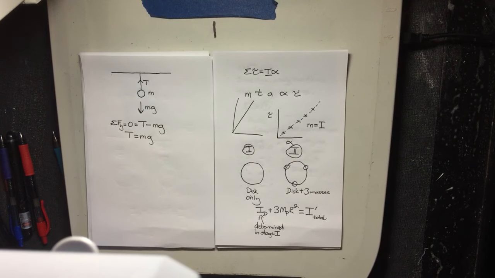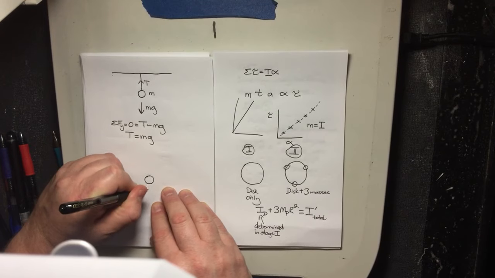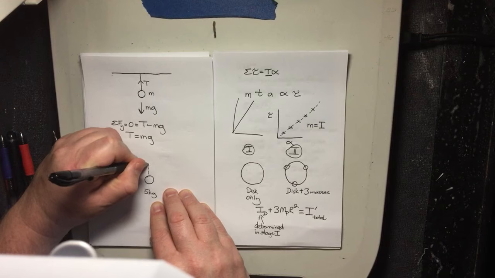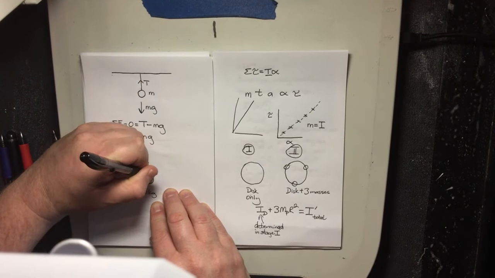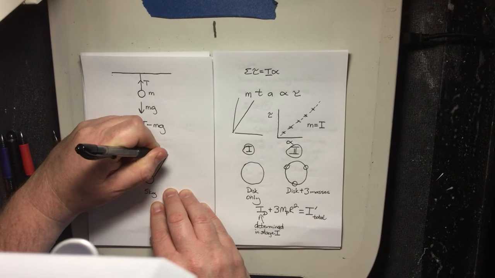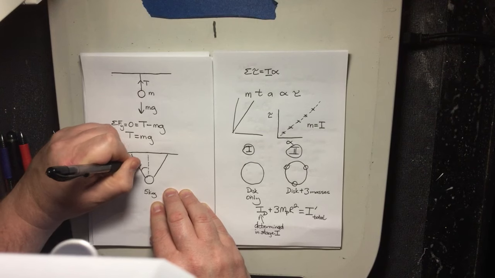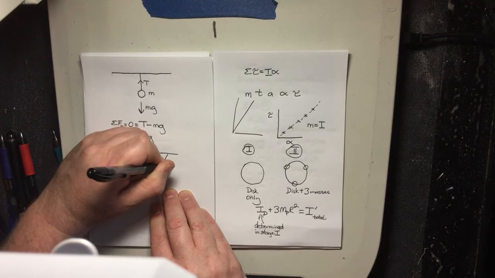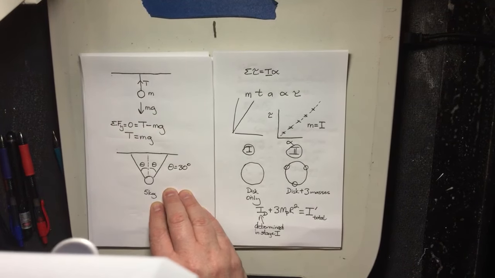Now let's add a little bit of a twist to it. How about this? I have a 5 kilogram mass, and the center line is a dotted line. Both of those thetas are equal to 30 degrees.